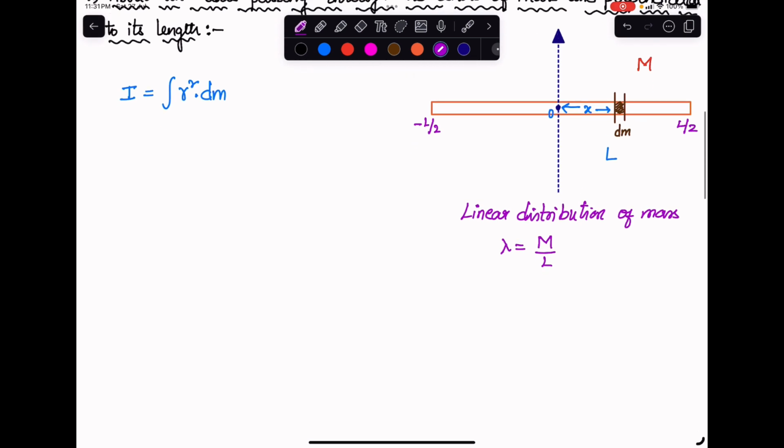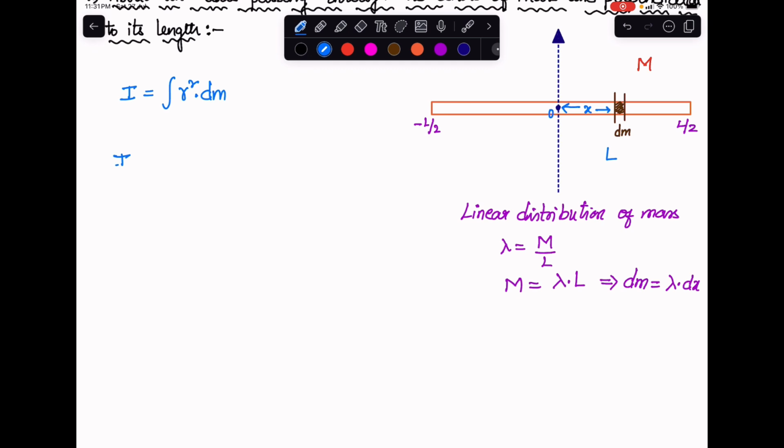From this I can say directly m is equal to lambda into L. So I can simply write dm, the mass of a small mass element, as lambda times d of what length along the x-axis we considered, so I would like to consider this one as dx. Thus replacing all these terms in the integration, we will get the moment of inertia as follows.